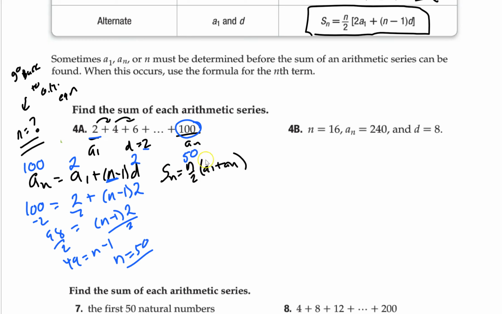A1, I know, is 2. And AN is not 50. A lot of people put 50 there. It's the value, 100. So I'm going to get 50 over 2, which is 25, times 102. And the sum of the first 50 terms is 25 times 102, which is 2550, I believe.